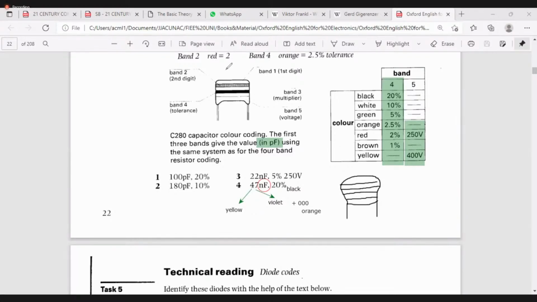Sorry for my drawing, it's not so precise, but on a physical board it would be better. There are no more bands because they don't indicate the voltage itself. But if we had, there would be an additional band. So that is the way.